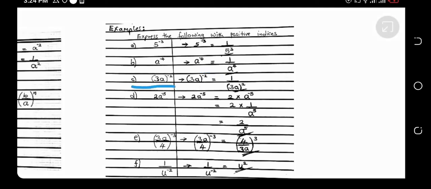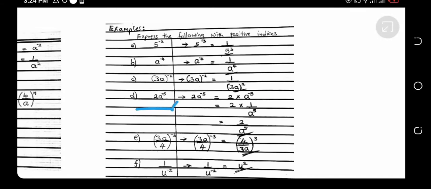When you come to C, it is 3a, both of them raised to power negative 2. Take a reciprocal of 3a. The answer becomes 1 divided by 3a raised to power positive 2. That is C. Then D, 2a to power negative 5.